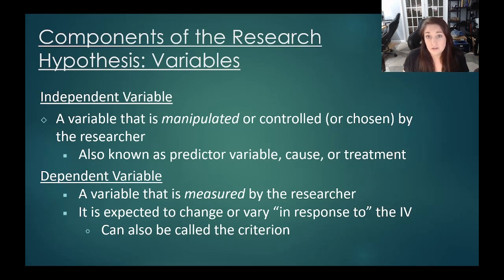It is the one that is under the control of the researcher. Okay, I often like to put in the word chosen because they often choose how that variable will be designated in its variations.